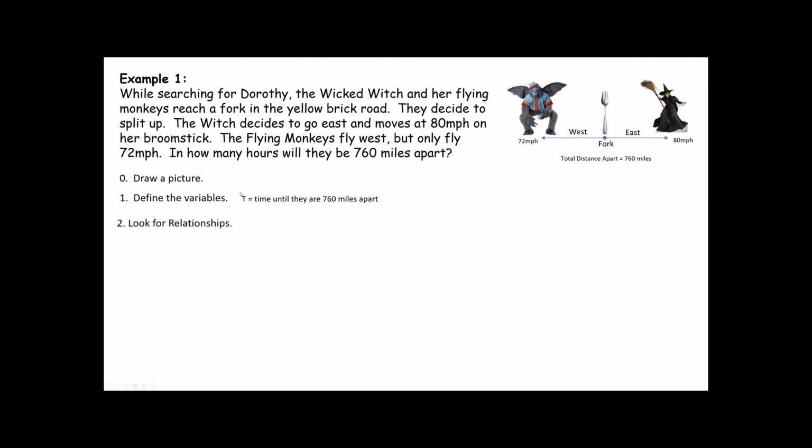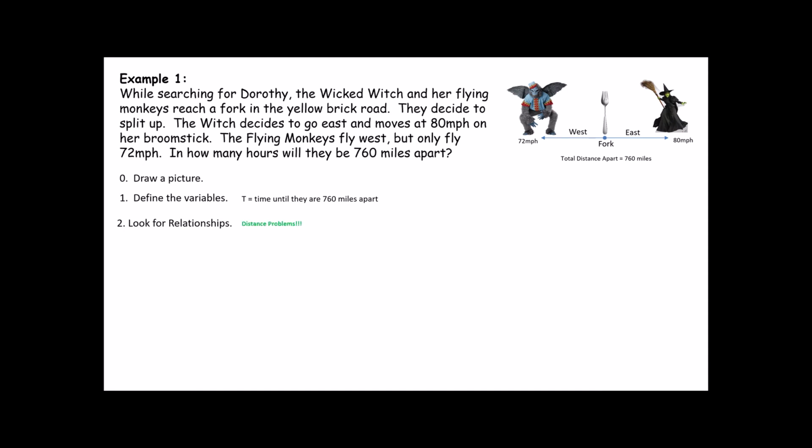So, when we begin to look for relationships and we think about rates of speed, distances, and times, that should bring up an idea that we talked about much earlier in the year. Do you remember what that is?